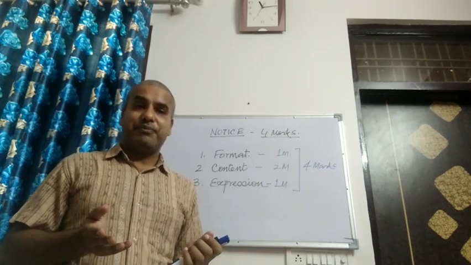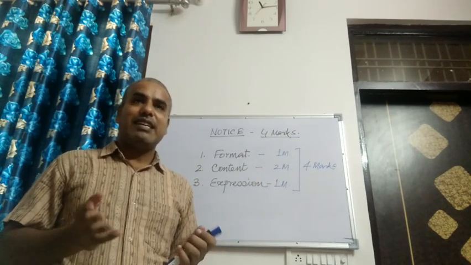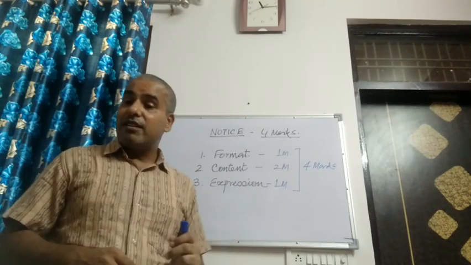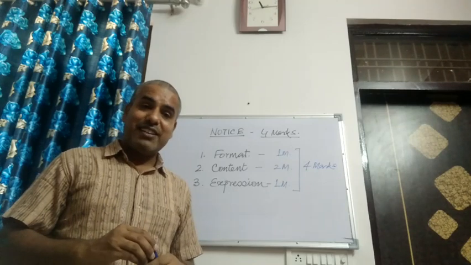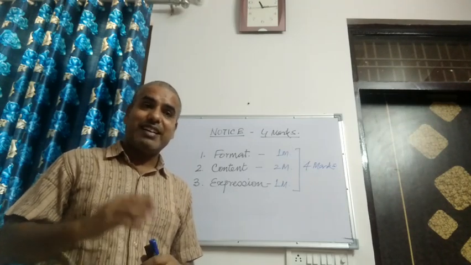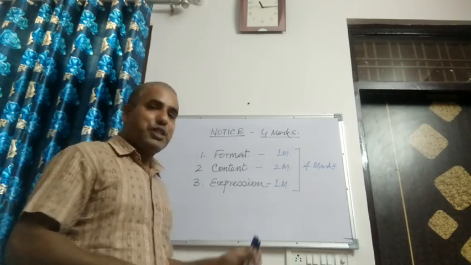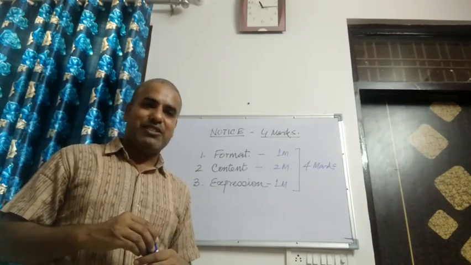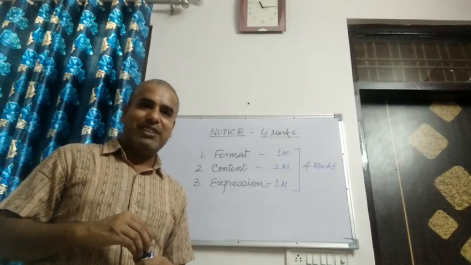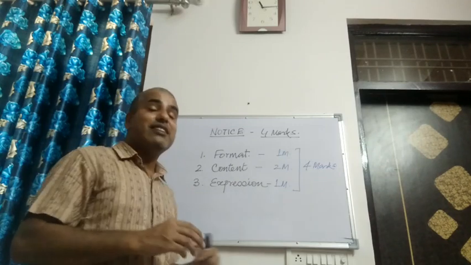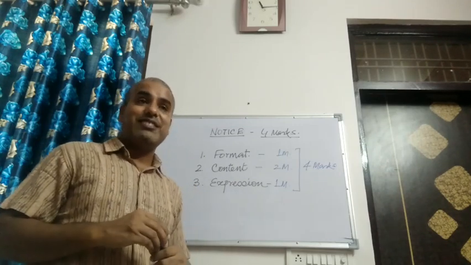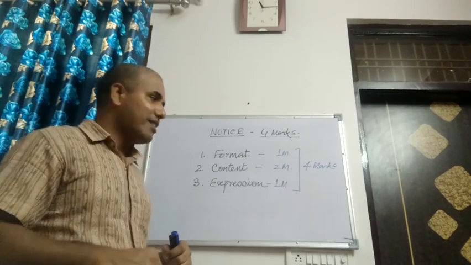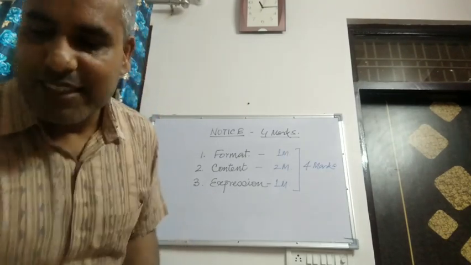How does it look? Its outer appearance. Content is the information itself that you want to deliver to the targeted group, and expression is how accurate the information is that you are going to deliver. So these 3 things are to be judged in your notice.